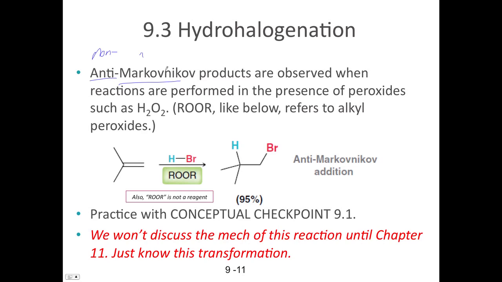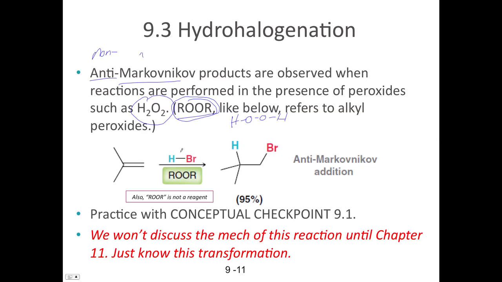All right. So anti or non-Markovnikov products are observed when reactions are performed in the presence of peroxides such as hydrogen peroxide. Your book has this habit of using ROOR here, so what is ROOR, right? Well, what does hydrogen peroxide look like? It looks like HOOH, right?